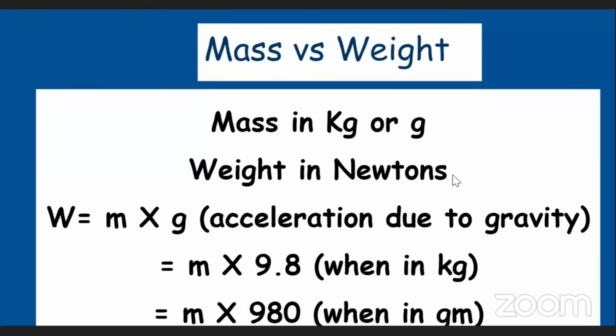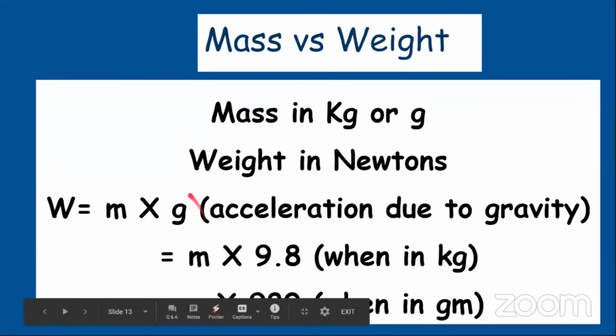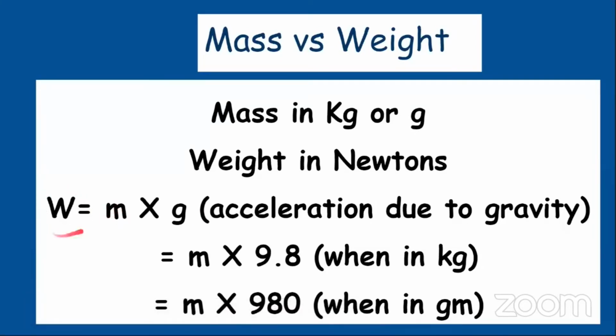But normally in daily life, people measure weight. When you go to the market to buy potatoes, often using some kind of balance, weight is being measured, but they tell you the mass in kilograms or grams. Because the difference is just of a constant, we can assume that constant, and people measure the weight, because it's actually possible to measure weight very easily.